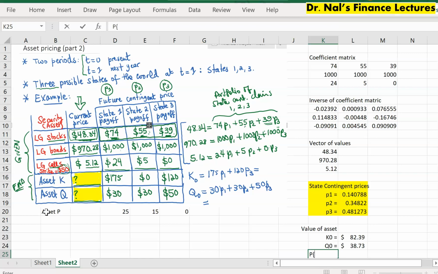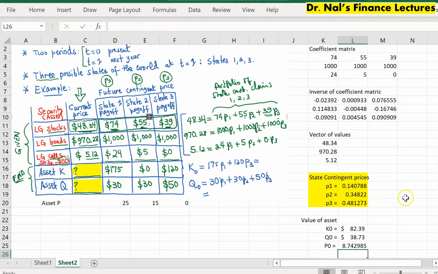So the value of asset P at time 0, how much should I pay for it? Well, very easy. You should pay 25 times, you need to first of all purchase 25 state 1 contingent claims, each one priced at this amount, plus 15 state 2 contingent claims, each one costing you this much, plus 0 units of state 3 contingent claims, or you can just skip that last one. And that's it. Just press enter.